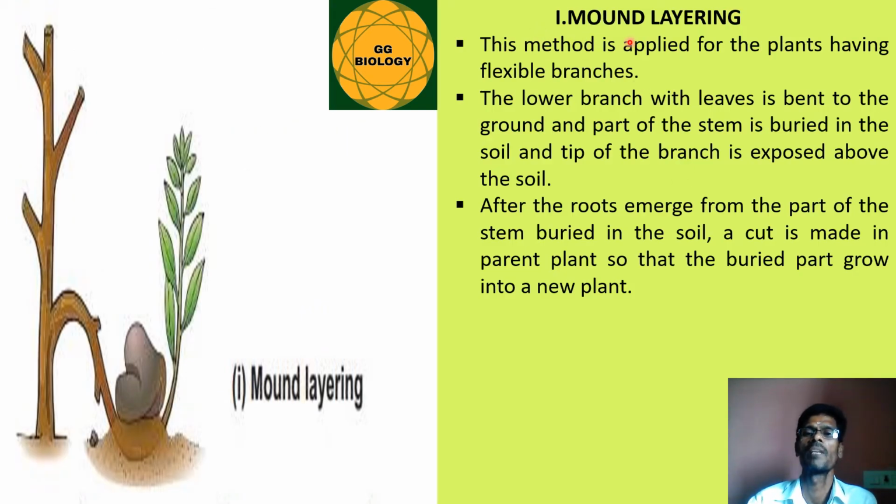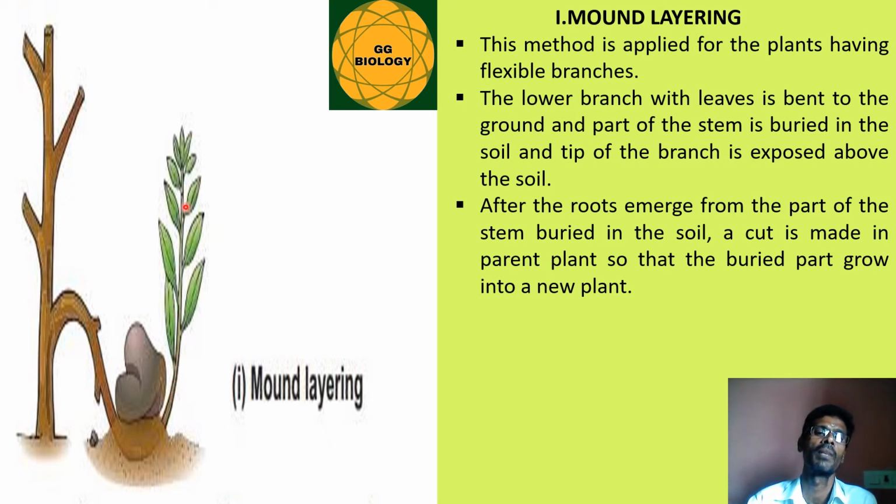The first one is mound layering, where this method is applied for plants having flexible branches. So the branch is flexible, so this can be bent. So the lower branch is bent to the ground and part of the stem is buried in the soil. So the lower part of the stem will be kept under the soil, and the tip of the branch is exposed above the soil.